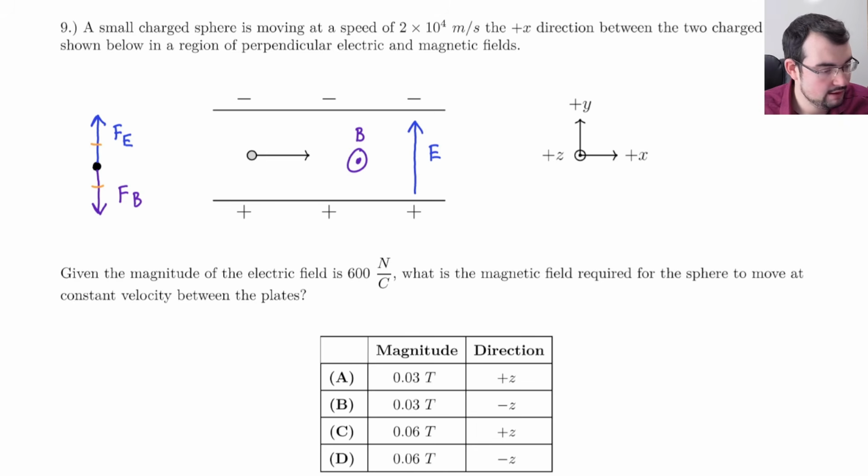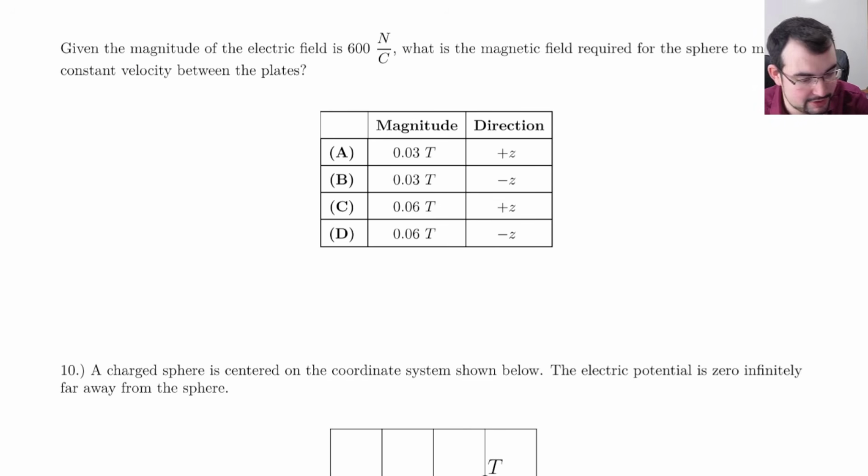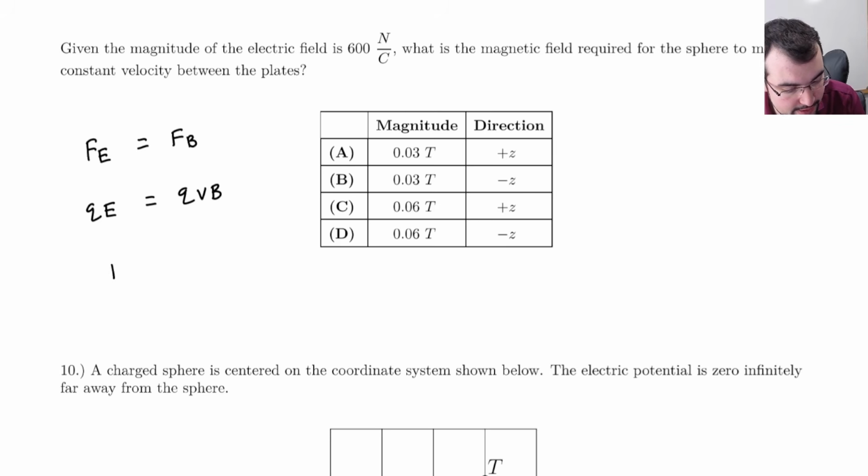And then how do we figure out the magnitude? Well, we just do force balancing. So we know that electric and magnetic forces must be equal. Electric force is QE, magnetic force is QVB. Q goes away, so E is VB.